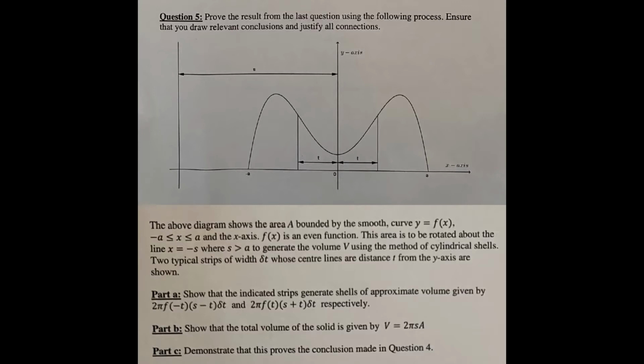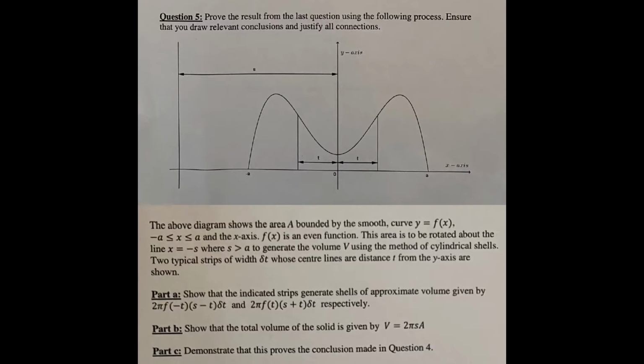And that will generate the volume capital V, and we're going to use the method of cylindrical shells. So we'll have two typical strips of width delta t, whose center lines will be a distance t from the y-axis, and they're shown on the diagram. Alright, so this question 5 has 3 parts.